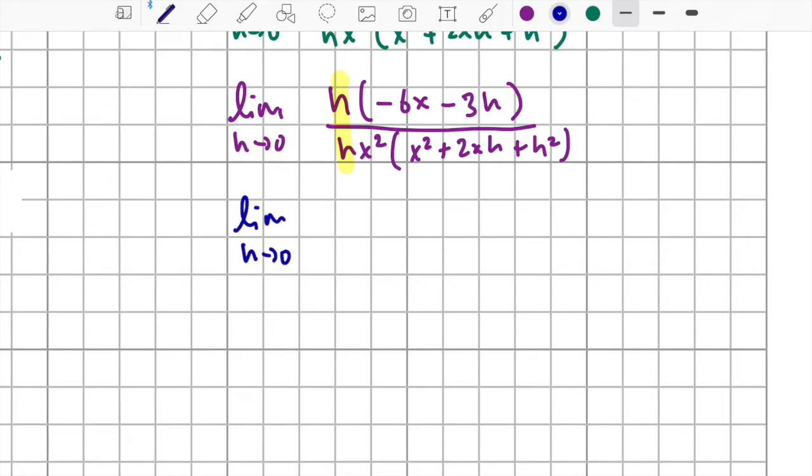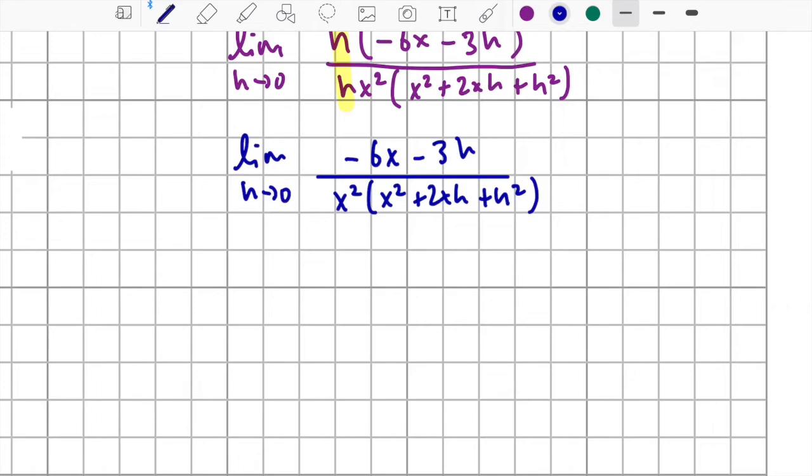limit as h approaches 0. In the numerator, we are going to end up with negative 6x minus 3h. And in the denominator, we're going to end up with x squared plus 2xh plus h squared. Now we can evaluate. Finally, let's evaluate.